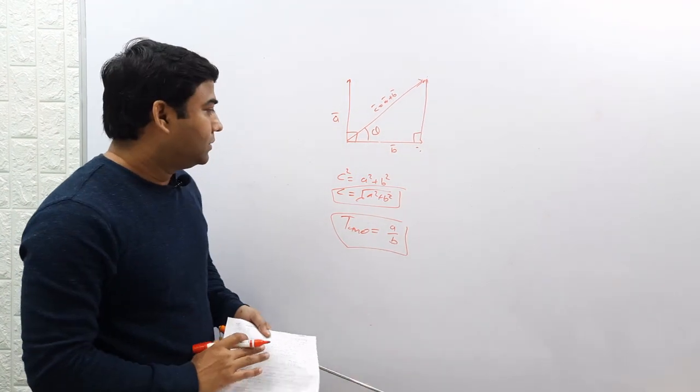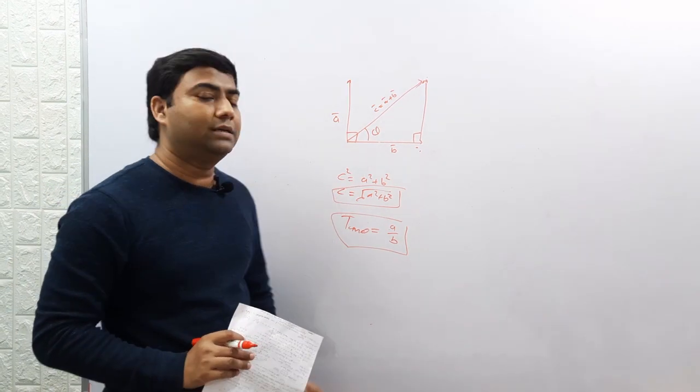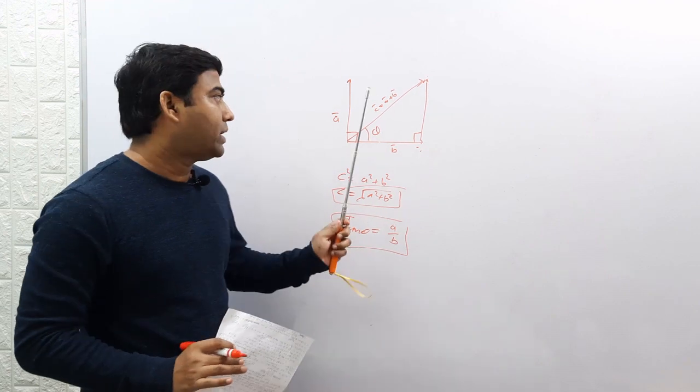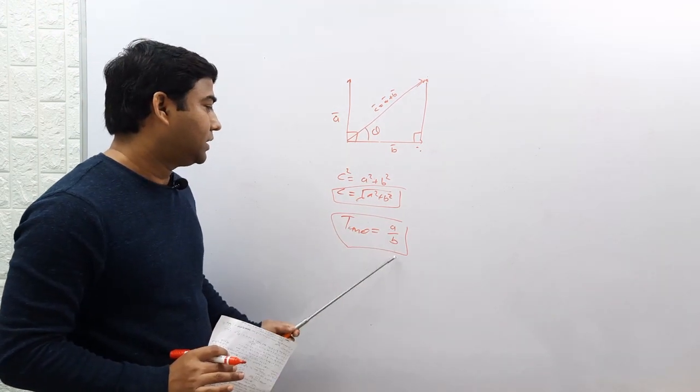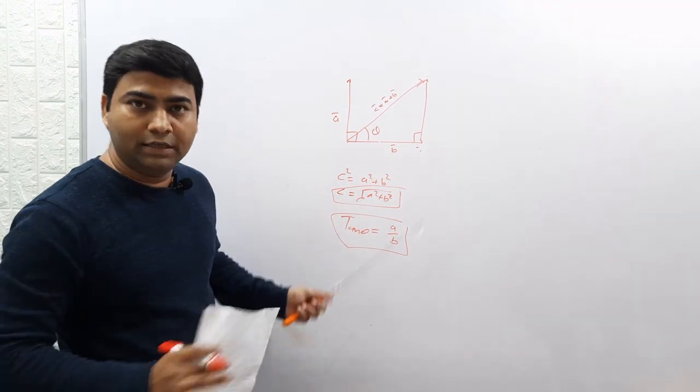That's it. Because we use this technique, the formula for right angle triangle is most easy. Pythagoras theorem and tan theta can be calculated with simple expressions. That's why we will use it everywhere in physics.